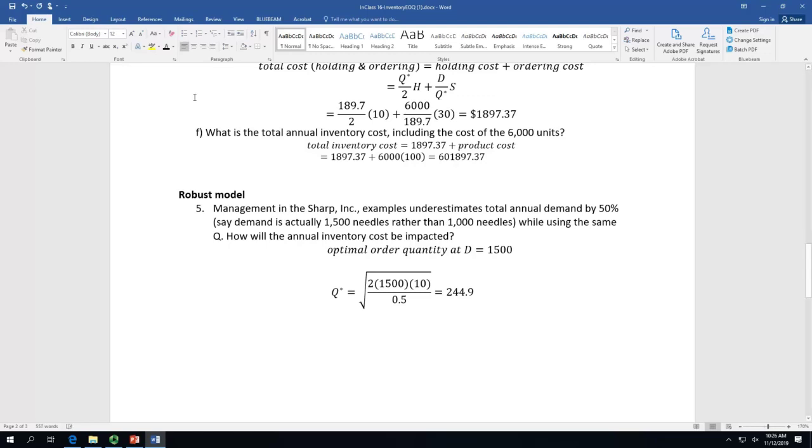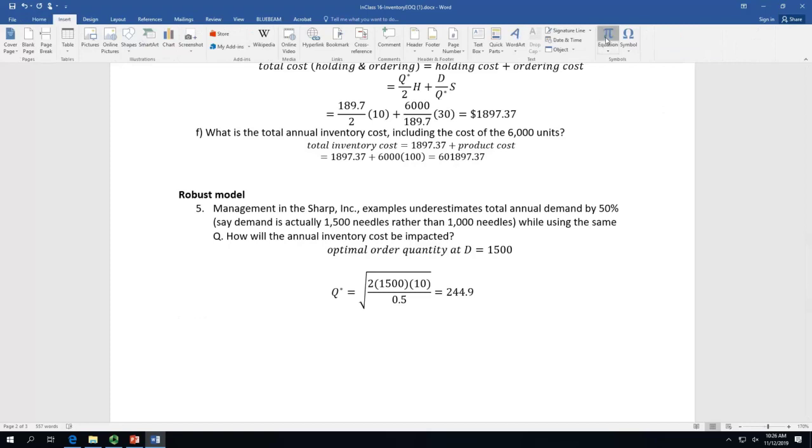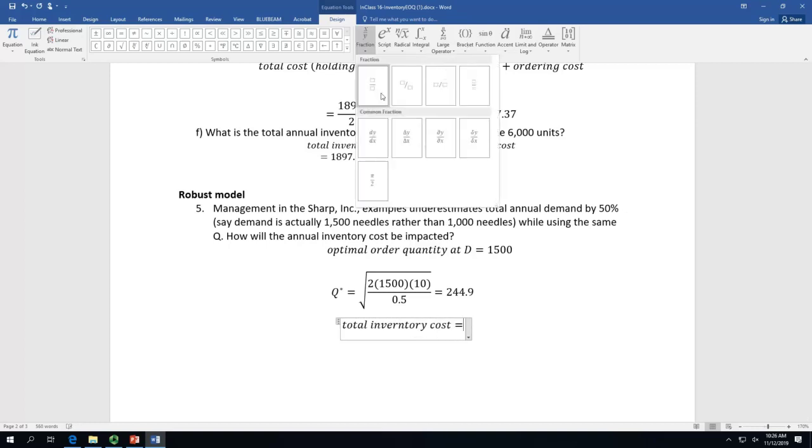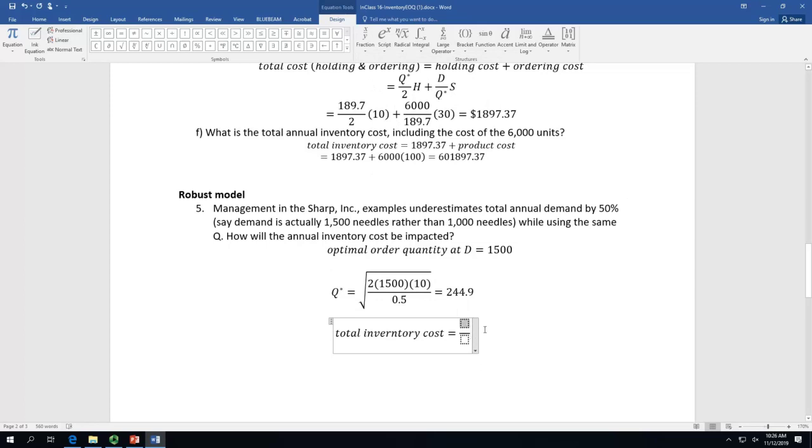Total inventory cost equals 244.9 divided by 2, the average inventory level, times the holding cost of 0.5, plus the ordering cost.